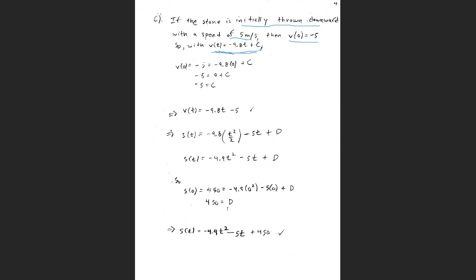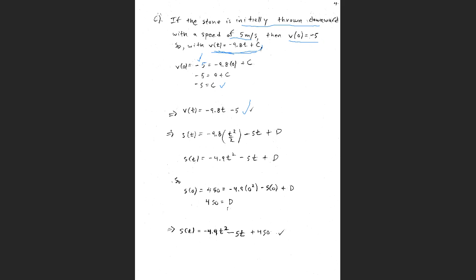But since your initial condition is different now, your initial condition isn't that initially the velocity is 0. Since you're throwing the stone downward at 5 meters per second, your initial condition is velocity at time 0 is -5. And you solve for c, you're going to get -5.